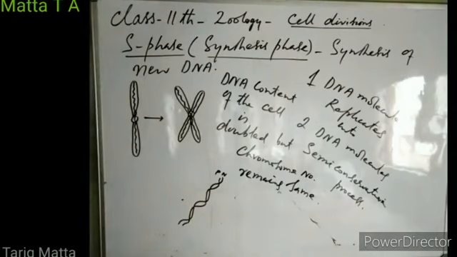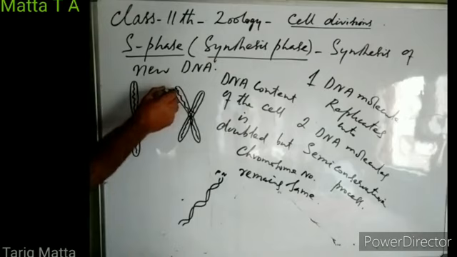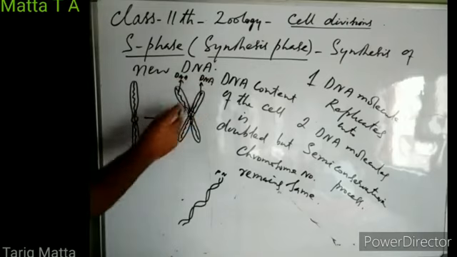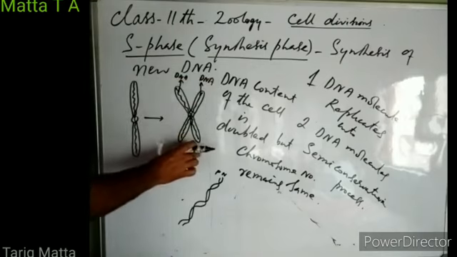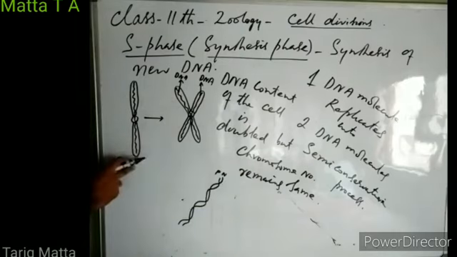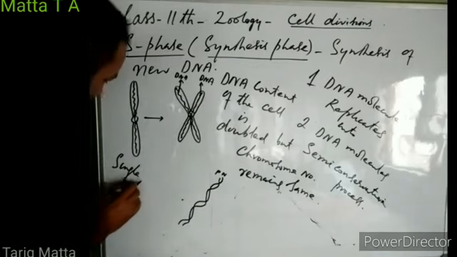So suppose this cell was having one chromosome when it entered into the S phase. In the S phase, its DNA replicated. This single DNA molecule produces two DNA molecules. One DNA molecule and another DNA molecule. Both the DNA molecules are still contained in the single chromosome. Before entering into S phase, in the G1 phase, this chromosome had a single chromatid.